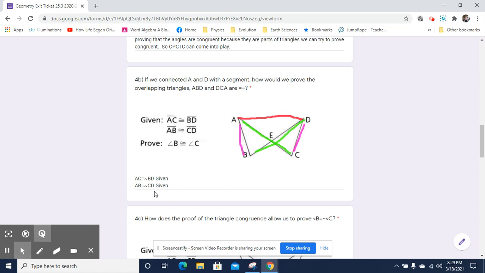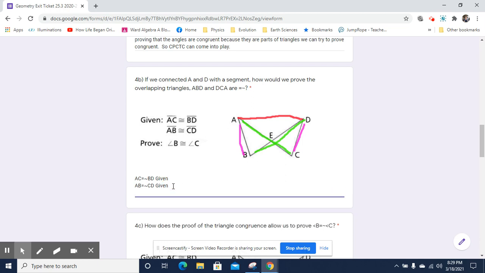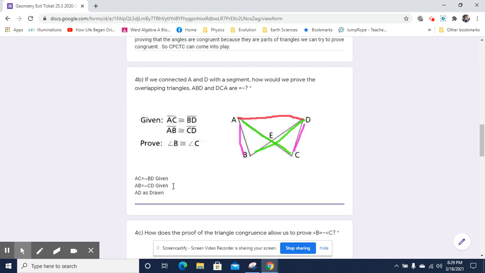That was amazing. Okay, and so now we can say that AD is, okay, as drawn, so we have to actually name that. Make it a formal proof, that's important. Okay, and then we can say AD is congruent to AD, reflexive.